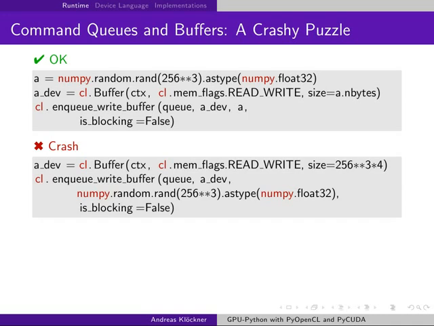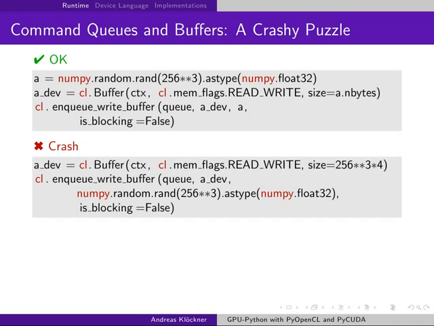That's exactly right. The Python interpreter passes this to the enqueue, and as we see here, blocking equals false. So this function returns way before the device actually gets around to transferring any data. Before the device even starts transferring, this array dies, and the memory might get reused.